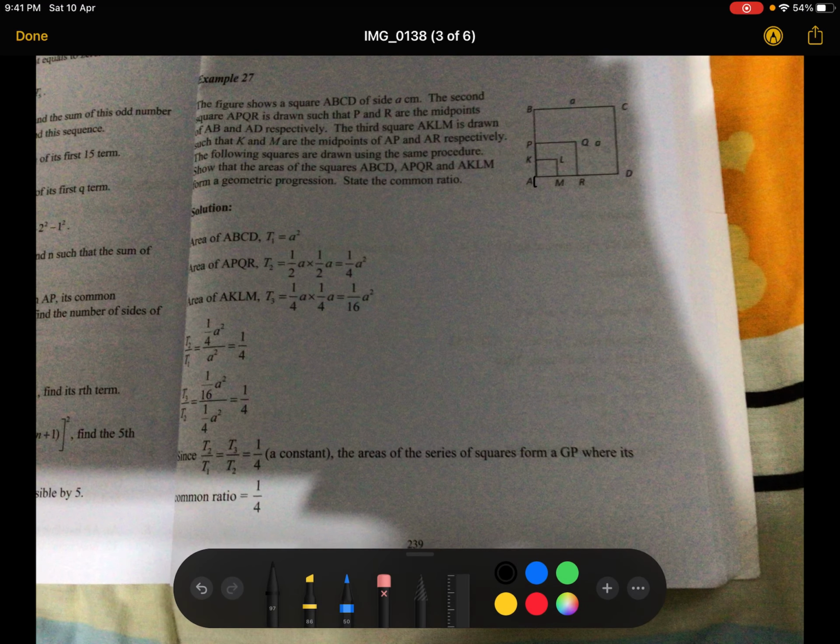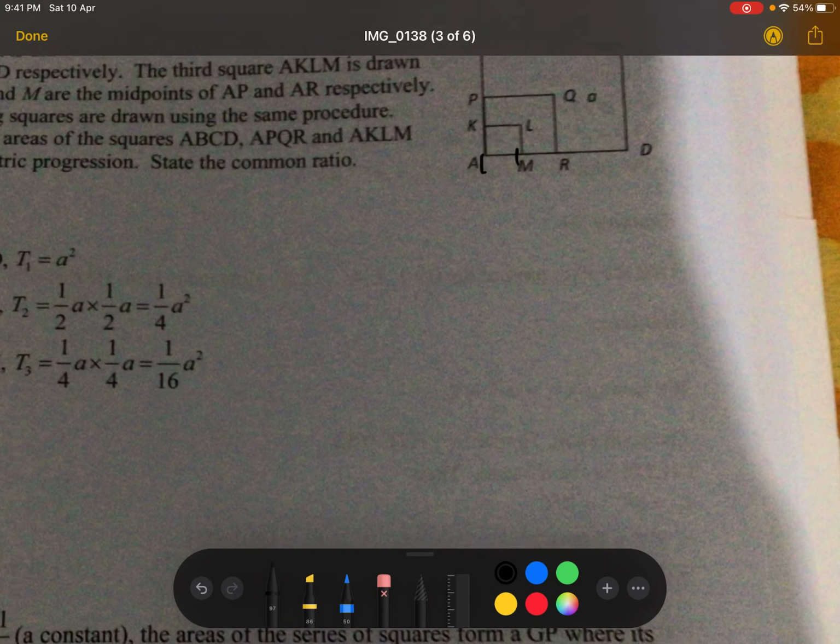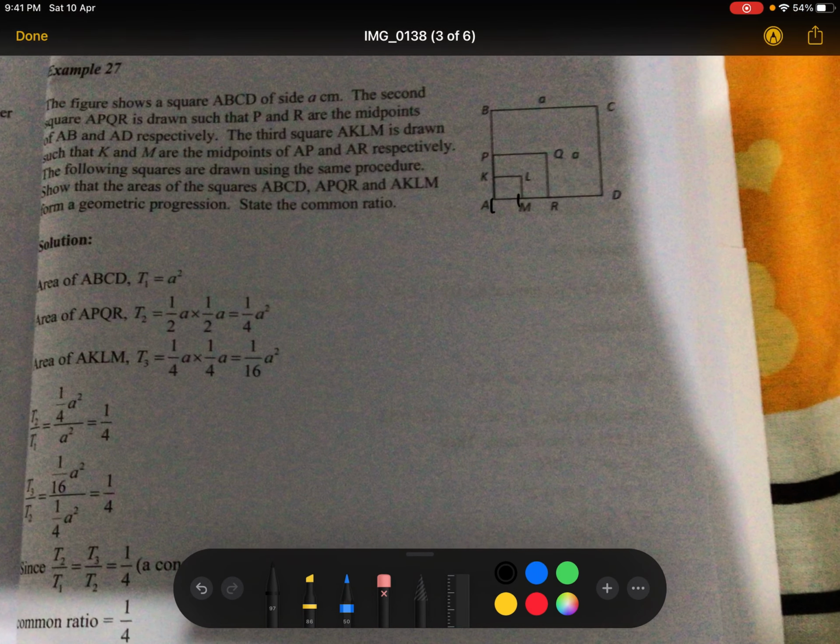They explain that the length is AD, and after that it halves, and then it keeps halving. So at first thought you will think that r equals 1 over 2 because it keeps halving. But that's not the case, because you have to remember that the width halves as well. So it is decreasing in two dimensions, in area.